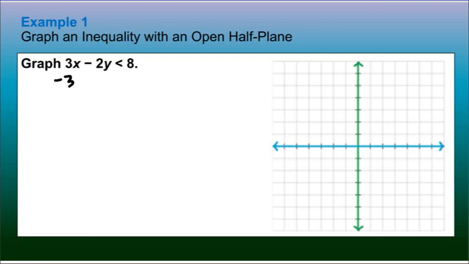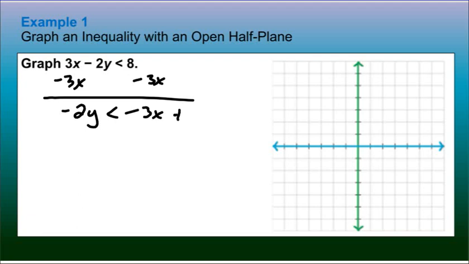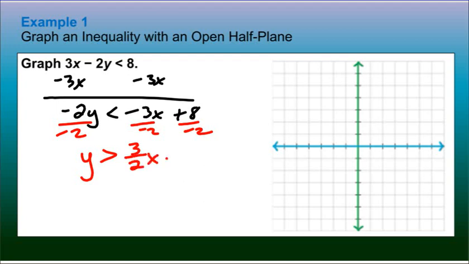The first step would be to subtract 3x on both sides, and I would have negative 2y is less than negative 3x plus 8. Last step is to divide everything by negative 2. Because I'm dividing by a negative number, I need to flip the symbol, and that gives me y is greater than 3/2 x minus 4. That's the line I'm going to graph.